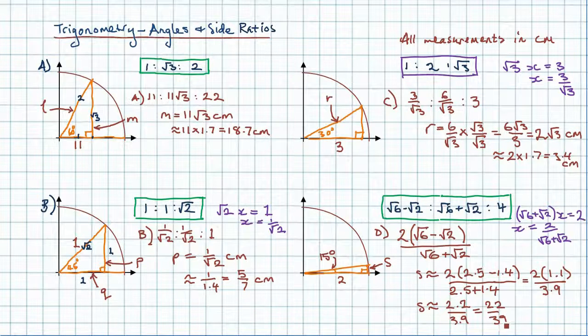And that isn't a fraction that will divide down any further, so we can simply say that's the answer. 22/39 then of a centimetre. S isn't exactly, but is approximately equal to 22/39 of a centimetre.